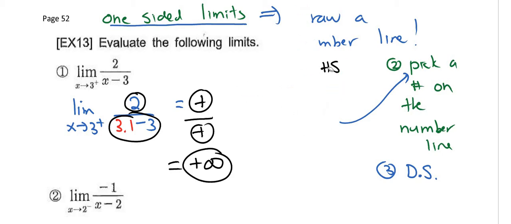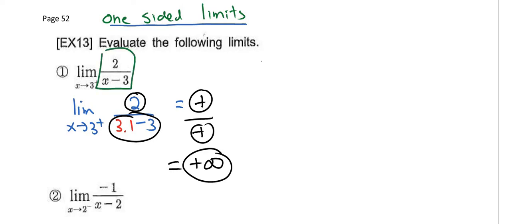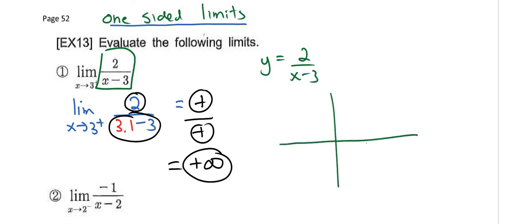Let's go ahead and draw a graph so that we understand what the result really means. So if you graphed y equals 2 over x minus 3, visually the graph would look like this. There's a vertical asymptote at 3, and this is a very rough sketch, so maybe the graph looks like this and like that.